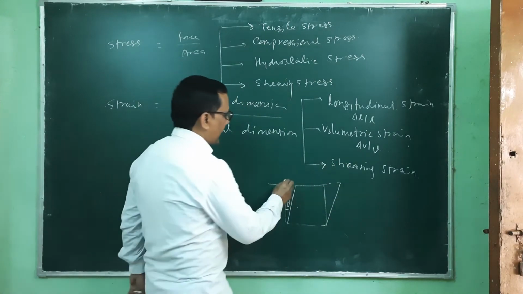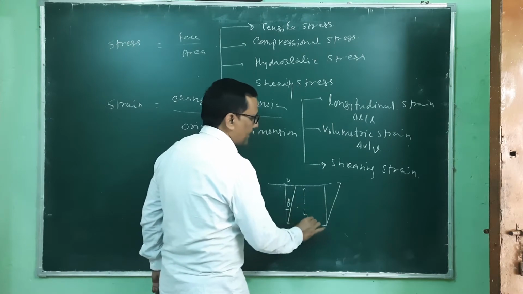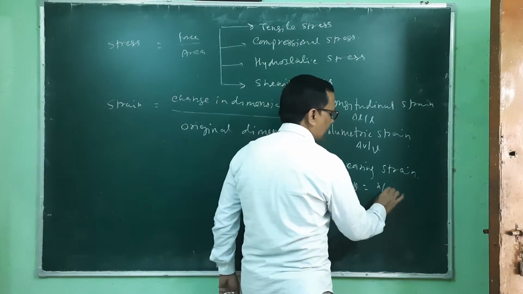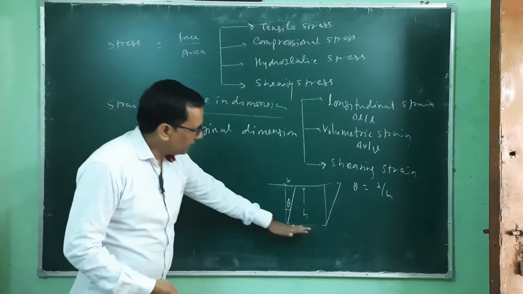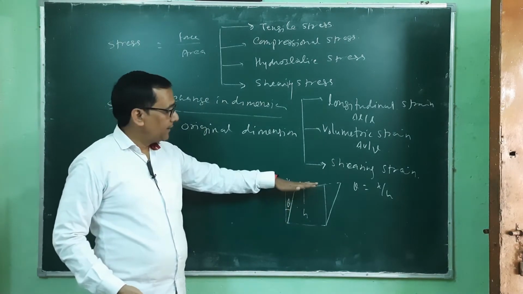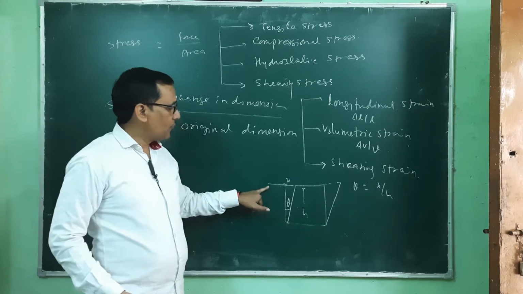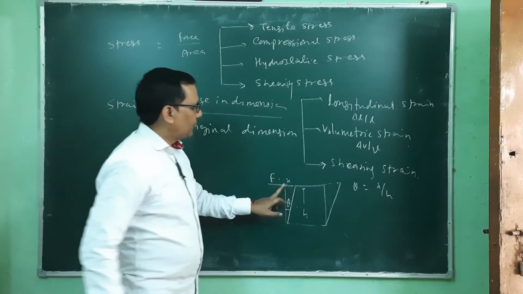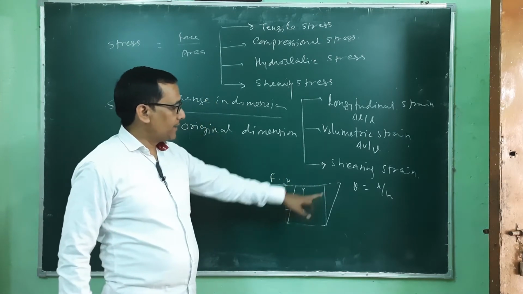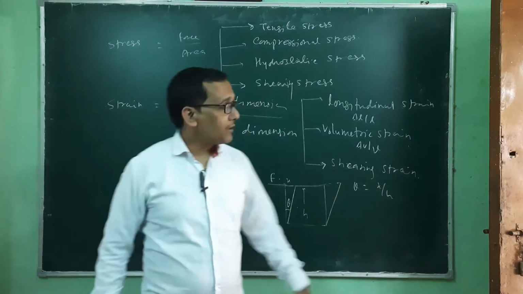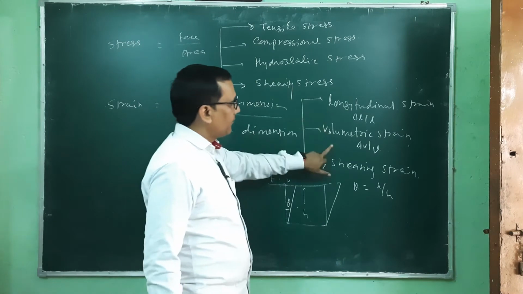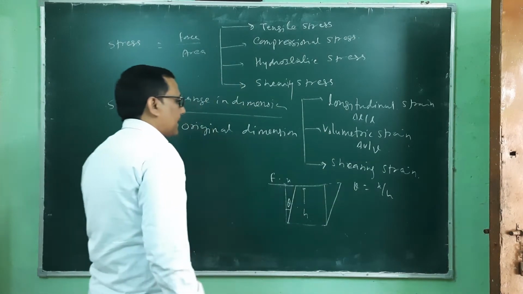If this displacement is x and the separation is h, then theta is defined as x by h. Here x is the displacement between the two parallel planes, where the lower one is fixed and the upper one is in motion where the shearing force is applied. So this x upon h, which is equal to theta, is known as shearing strain. So we have 3 types of strain: longitudinal, volumetric, and shearing strain.